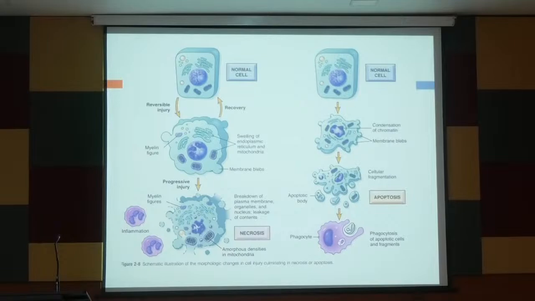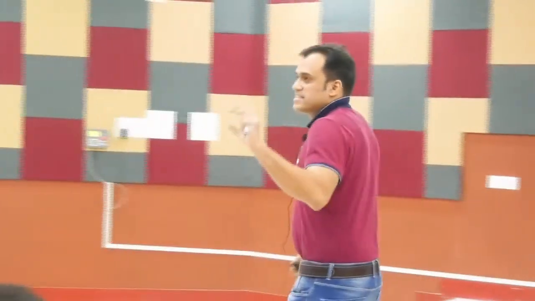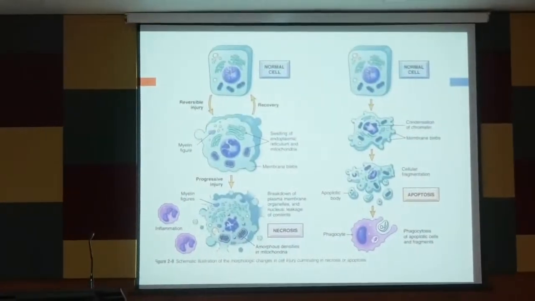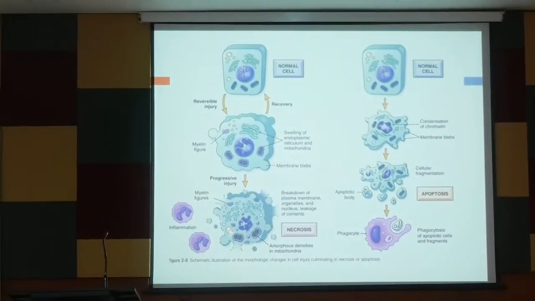So what happens at the ultrastructural level? There is blebbing and blunting of the plasma membrane, then swelling of all the organelles inside, swelling of the mitochondria with formation of amorphous densities, then swelling of the endoplasmic reticulum. Till this level, this is reversible injury.